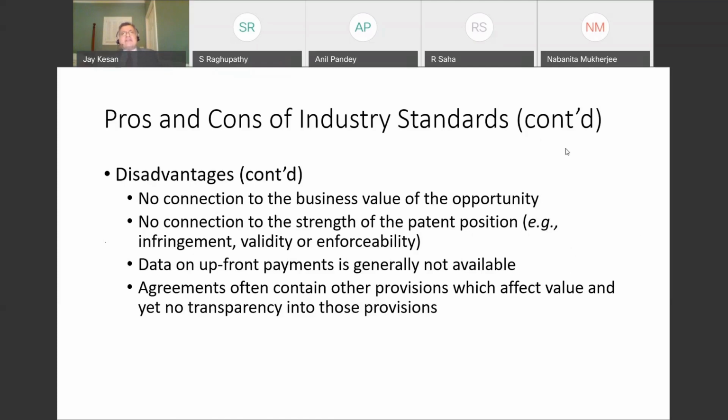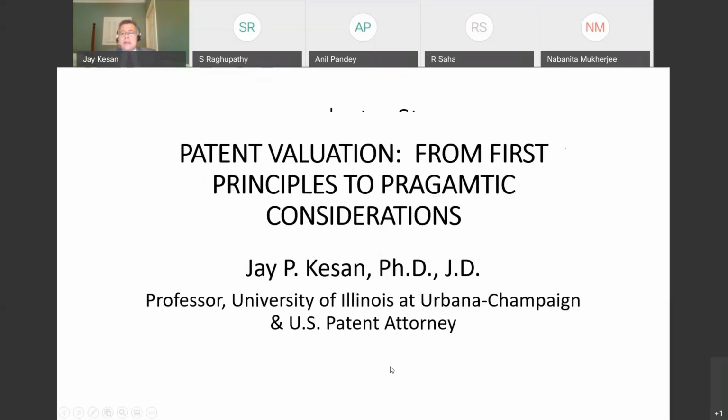They're very simple, but because they're simple, they abstract away from a lot of important details that might actually be significant in a particular transaction. And so you have to keep that in mind. And with that, I will stop here and I'm happy to answer questions.